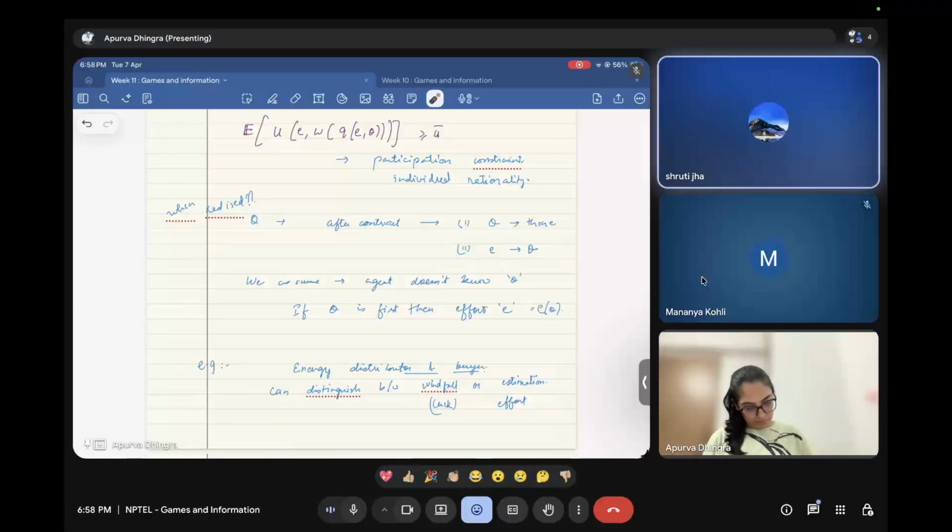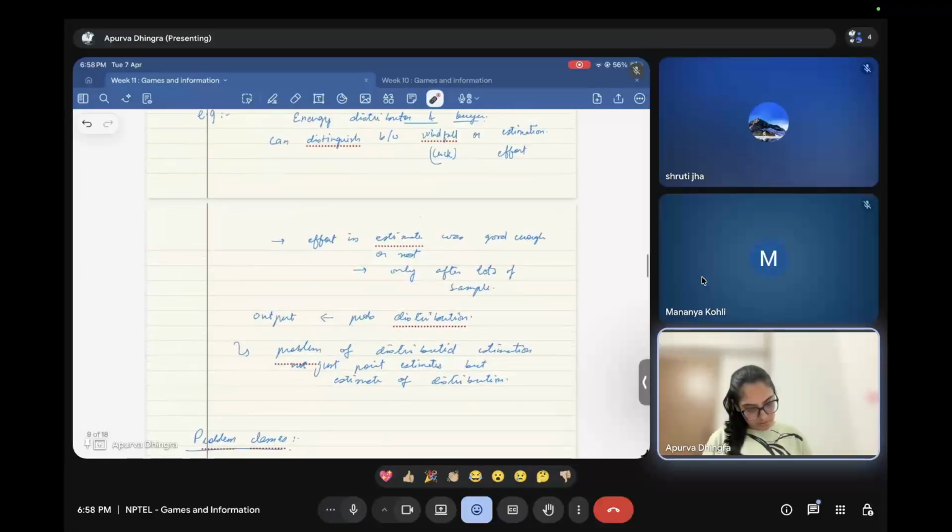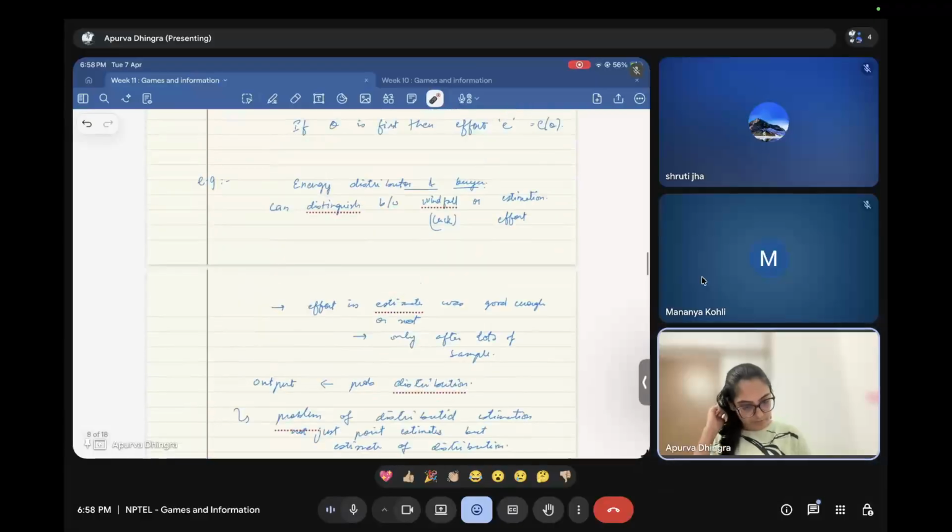Okay, I'll continue. So I think I've already said what this example was. So sir gave this example. In this example, let's say there's a windmill farm where electricity is getting generated, and a particular firm is deciding whether to buy their electricity for their need for a year, for example, from this wind farm or not.